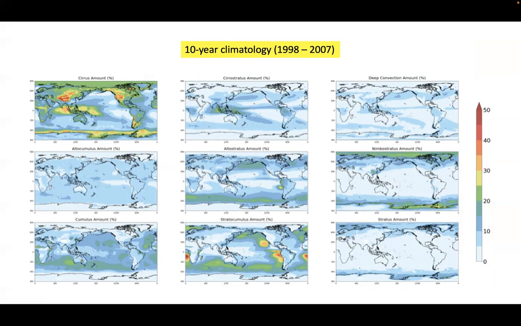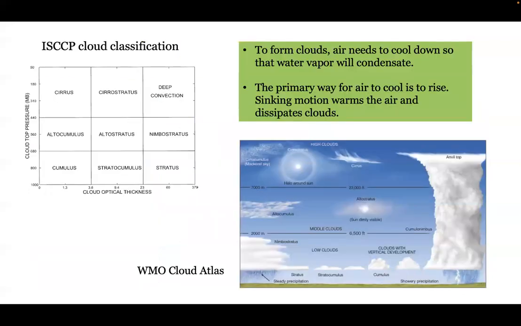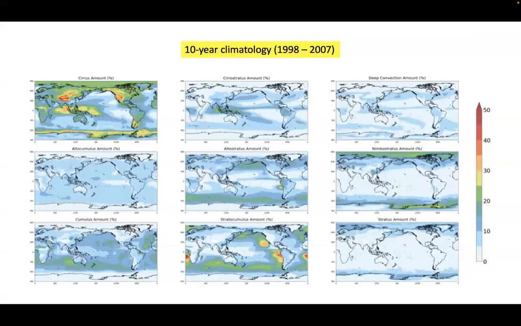Once you're more savvy in programming, you can better handle the subplots. The way I plotted it is similar to this diagram here. Deep convection is in the upper right corner, cirrus in the upper left, right? Lower clouds are in the lowest row. So I'm just putting them this way.